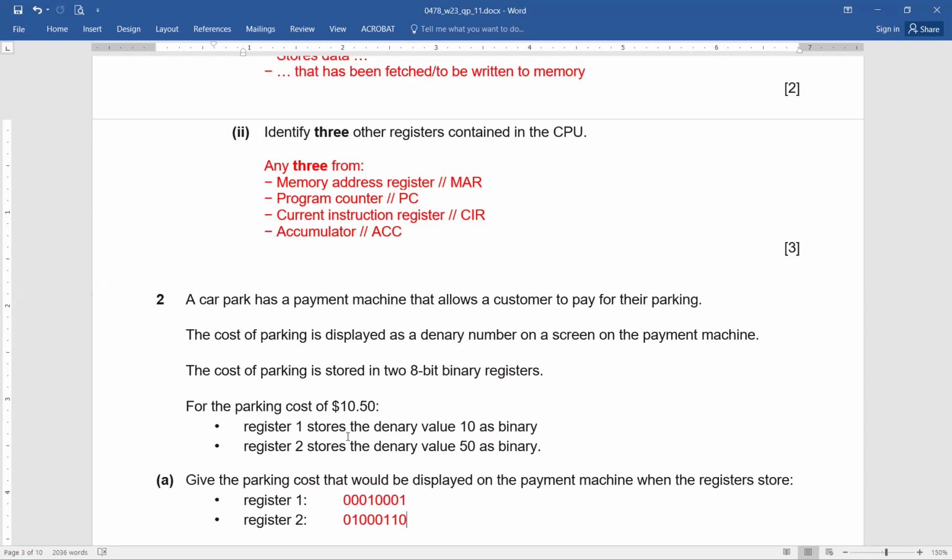For the parking cost of $10.50, register 1 stores the denary value 10 as binary, and register 2 stores the denary value 50 as binary. So this 10.50 is actually broken into two components, as you can see here. It's 10 to be denoted as a binary value, and 50 to be denoted as a binary value also.